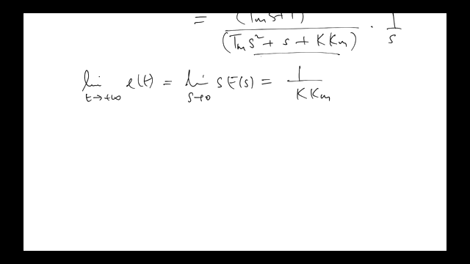So if we look at the root locus plot for that feedback control system, we've got an open loop pole at the origin, and we've got one at -1 on Tm, okay, and we've just got a proportional gain controller.